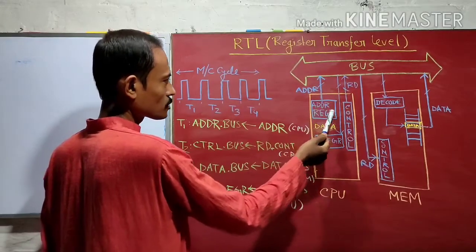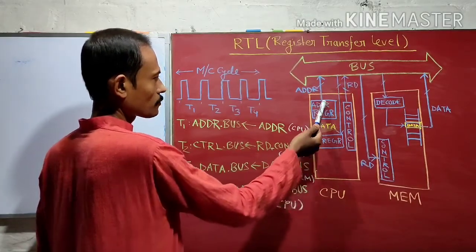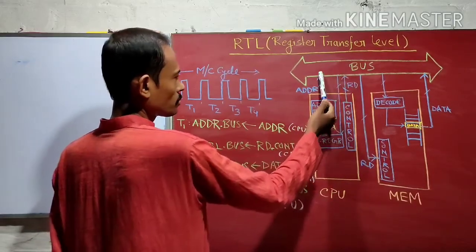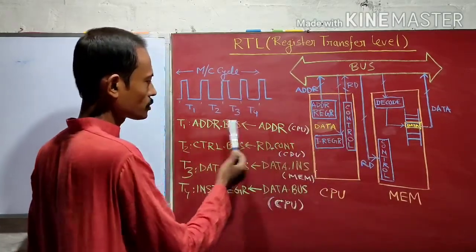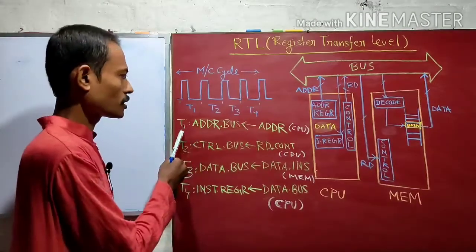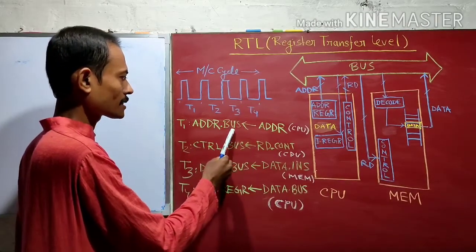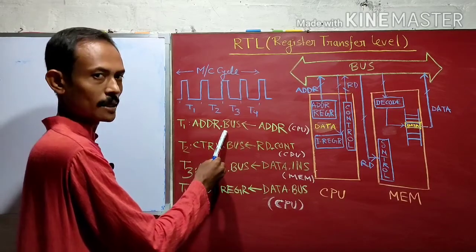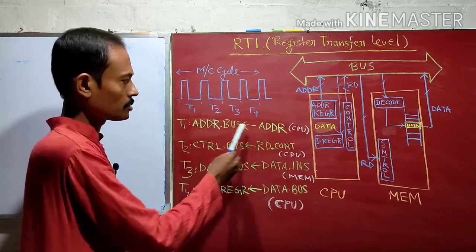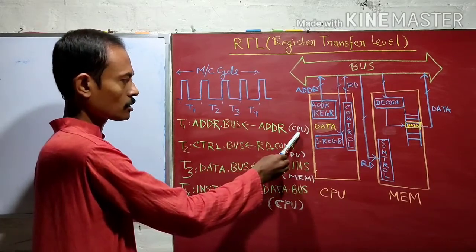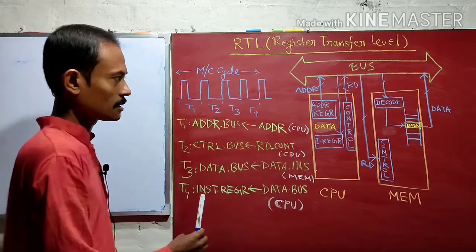That register is called the address register. From the address register, the particular address will be put on the bus. That's why in the first state we wrote address will be put on bus. What type of bus? This is the address bus. This is one CPU activity. Clear?